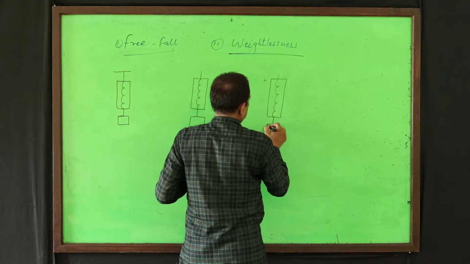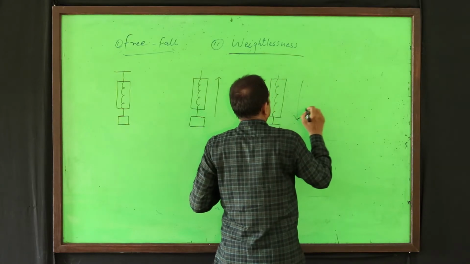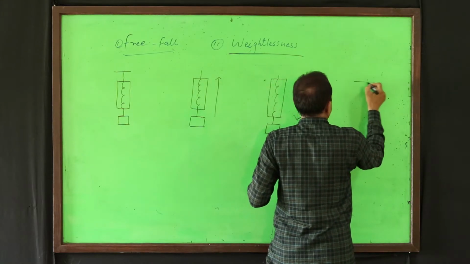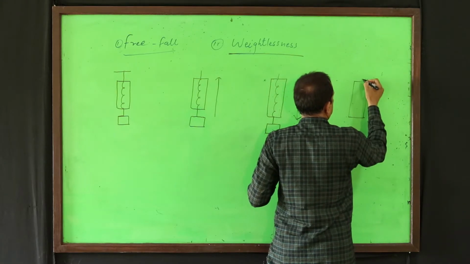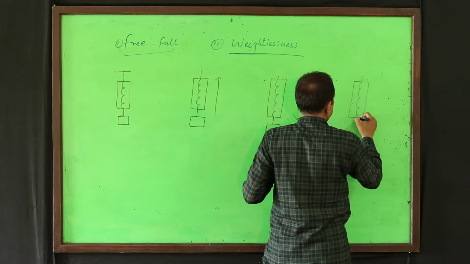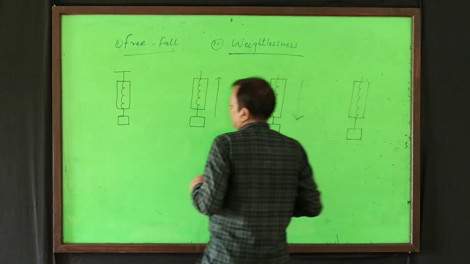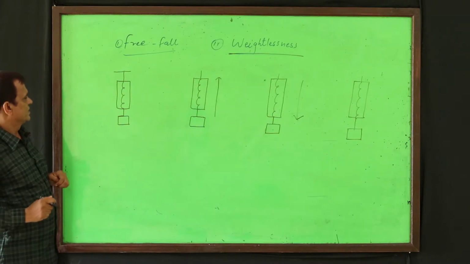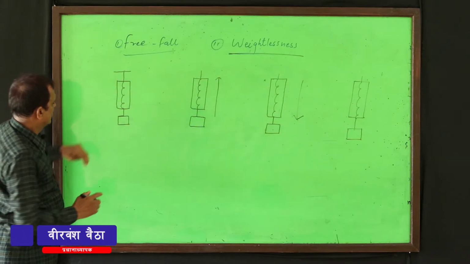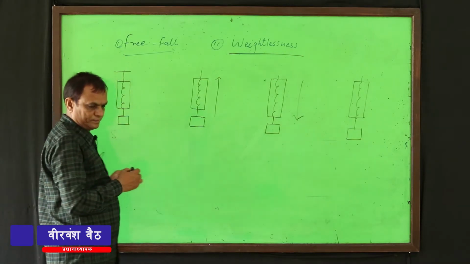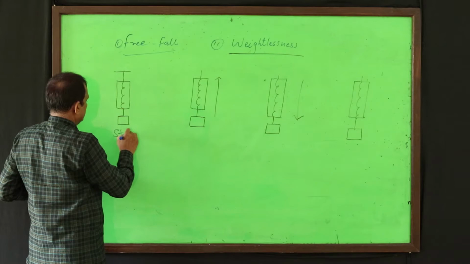Please see here, there are 4 pictures. I have drawn here the 4 pictures. This picture shows a spring hanging in a stable condition.